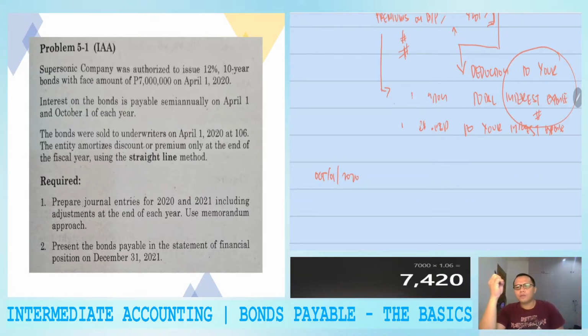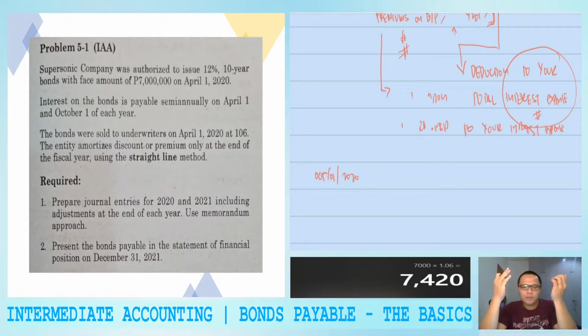So if we are to count that, April, May, June, July, August, September. Because we cannot count October because the date to be paid is on the first day of the month, so hindi pa cover yung whole month.